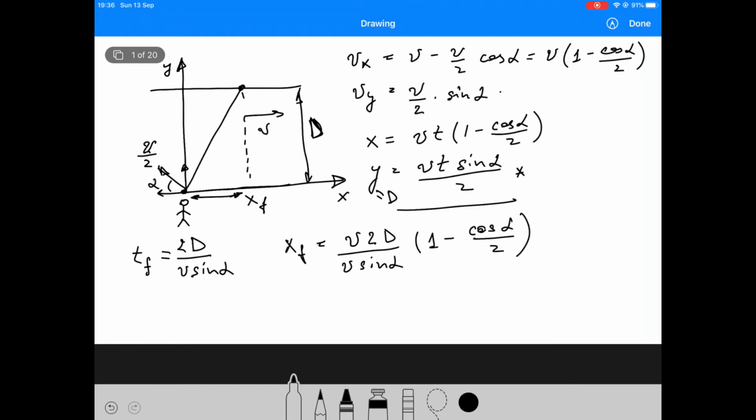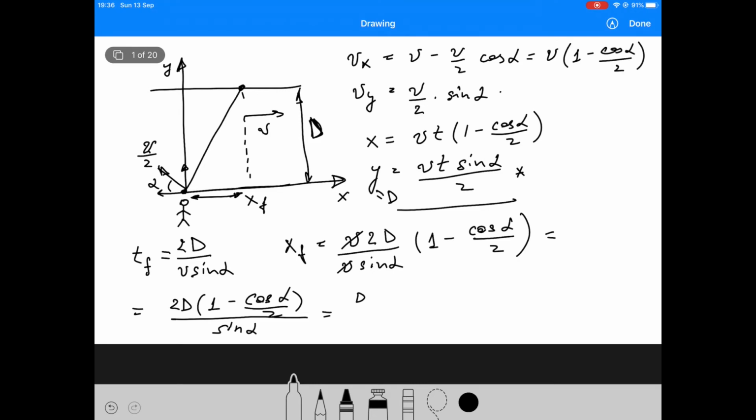Okay, what do we get here? We cancel out this V, and our equation is 2D times 1 minus cosine alpha divided by 2, divided by sine alpha. Let us rewrite it a bit differently.